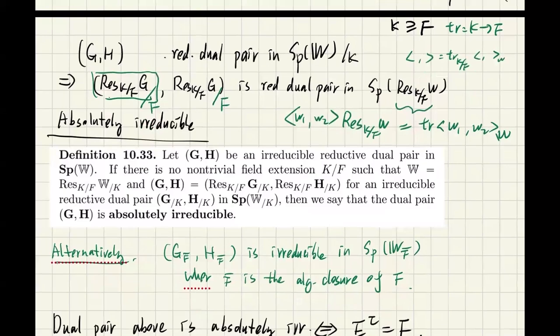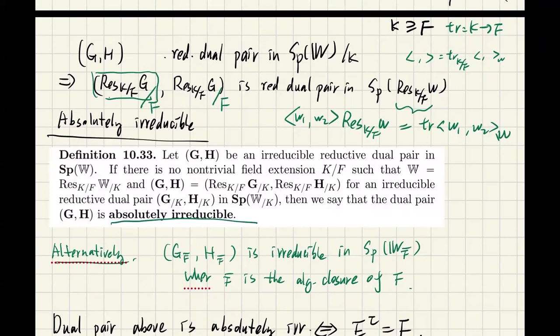So we can define the notion called absolutely irreducible, which means that a pair which is an irreducible dual pair in Sp(W), we say that it is absolutely irreducible if there is no non-trivial extension field K of F such that W is given by the restriction of scalars from a K-symplectic space, and G and H are coming from the restriction of scalars of G over K and H over K.